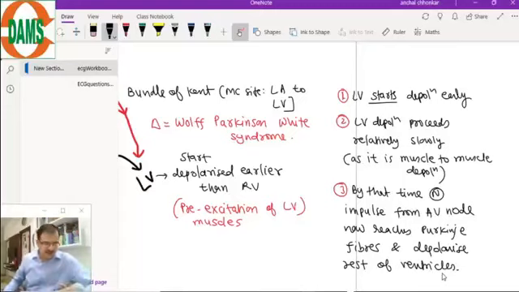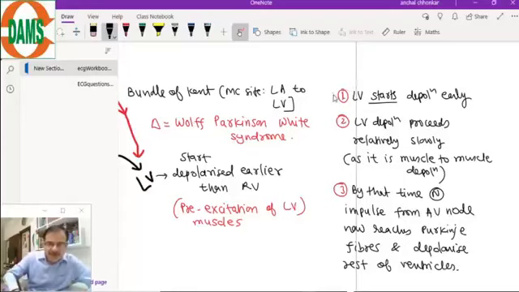So these are the steps. See the sequence of the steps. The left ventricle will start depolarization early, but that is a muscle to muscle depolarization. It will progress slowly. By that time, normal impulse via the AV node reaches the Purkinje fibers and depolarizes the rest of the ventricles.